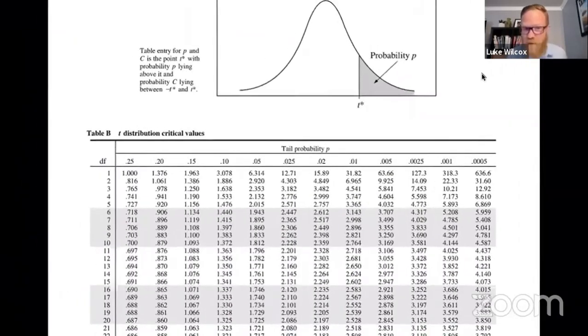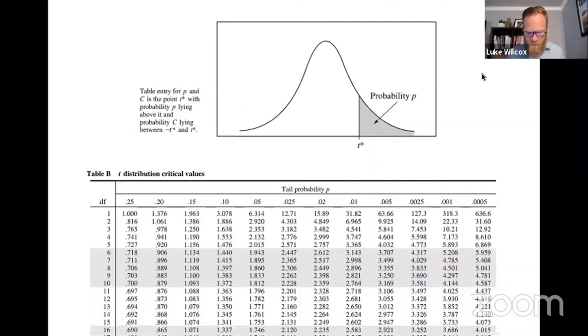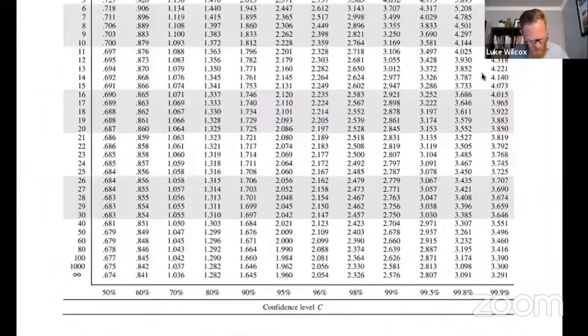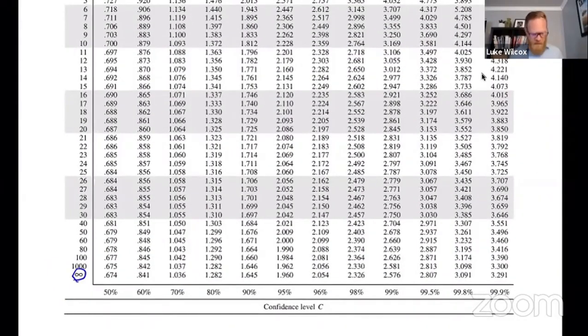I'm going to sort of shortcut a little bit here and use table B, which is for t distributions. But if you scroll all the way down to the bottom, where you have degrees of freedom infinity here, that is actually a normal distribution because a t distribution approaches a normal distribution. And what we have down there in that last row is the z star critical values.